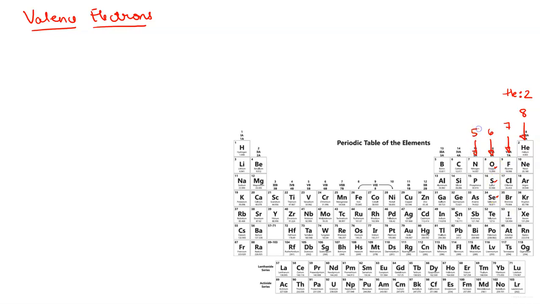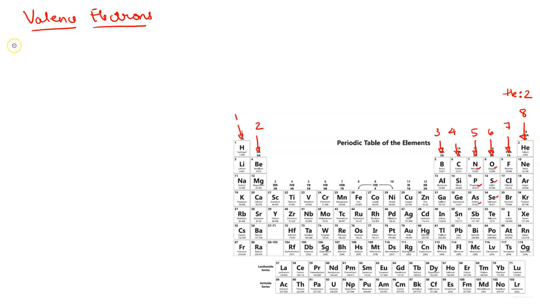The next column has 5, so nitrogen, phosphorus, arsenic. Carbon has 4, boron and aluminum have 3. And then on this side right here, your alkaline earth metals have 2, and your alkali metals have 1. So for now, like I said, just go with the flow.